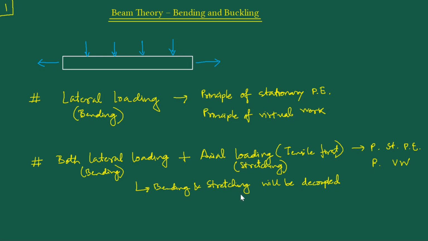Okay, now suppose you consider lateral loading and axial loading, but make it compressive. Make the axial loading compressive. So instead of this direction of the arrow, just make it inverted, so in this direction. Okay, so what happens then?